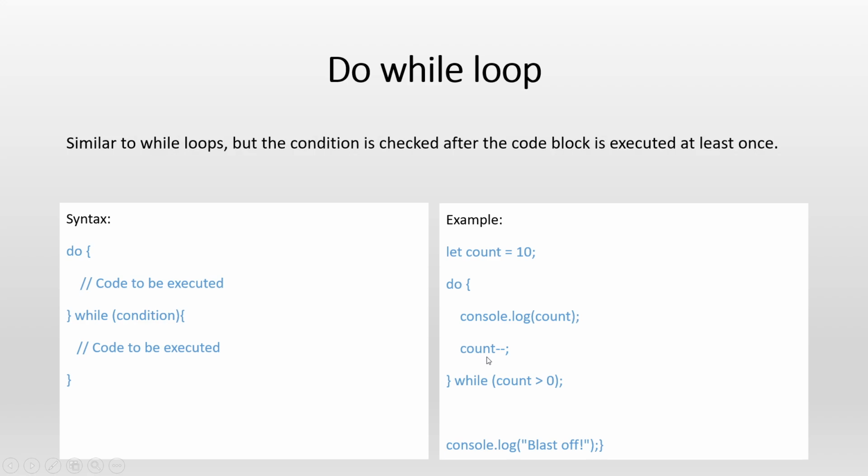Here I am decrementing this count in the do block. Next, this is the while. In the while we are writing the condition like this: if count is greater than 0, this part of the code should be executed. So this is how this whole thing works.